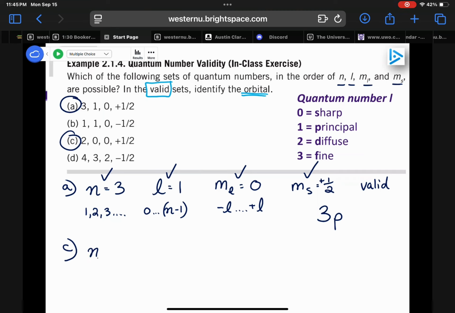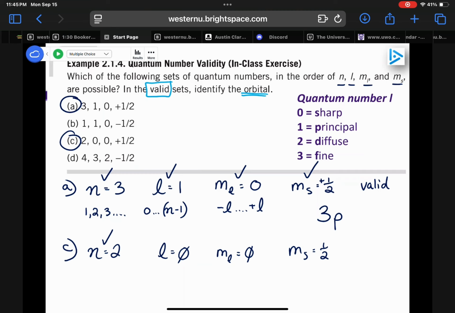Here, n equals 2, L equals 0, ML is also 0, MS is plus a half. Okay, so n equals 2. Sure, that meets the rules as a positive integer. Let's look at L. Does it meet the rules of 0 to n minus 1? Well, n minus 1 is 1, so it could be 0 or 1.